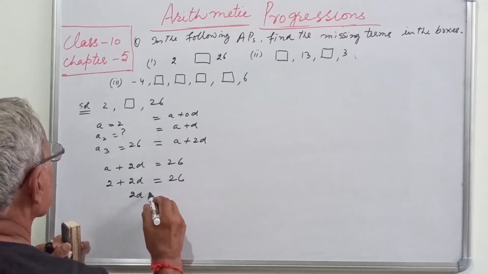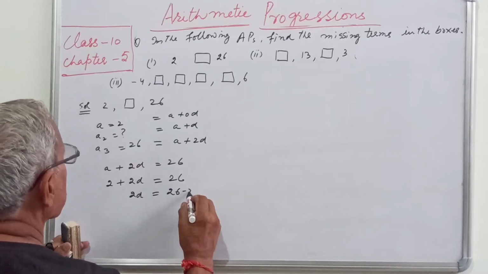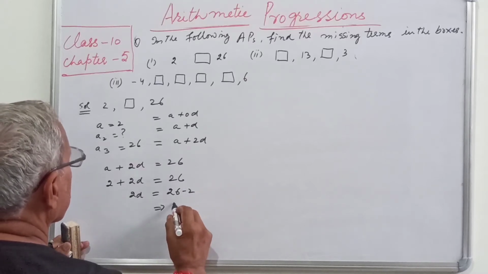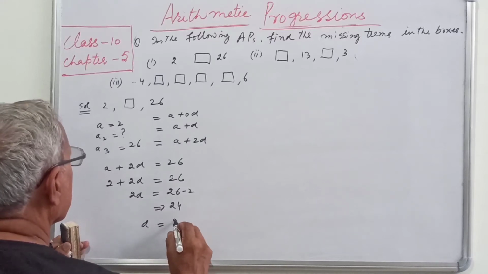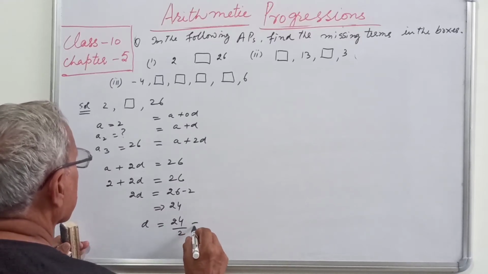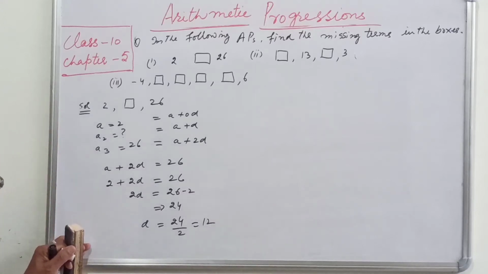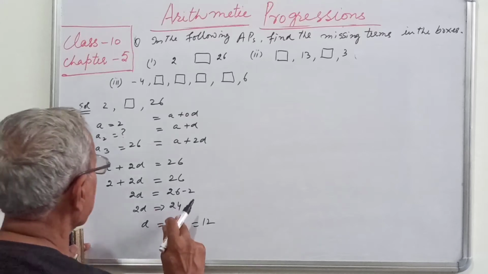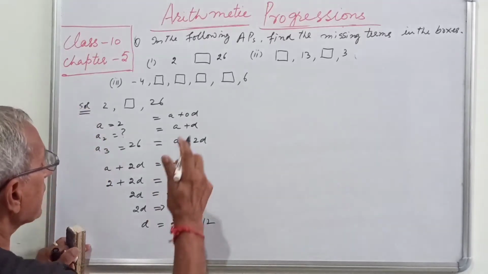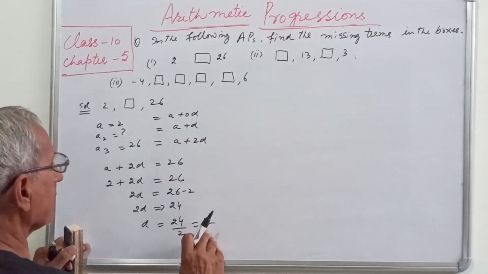So 2D is equal to 26 minus 2, 24. So the value of D will be 24 divided by 2, that is 12. So 2D is equal to 24, D is equal to 12. So the value of D, the common difference, is 12.